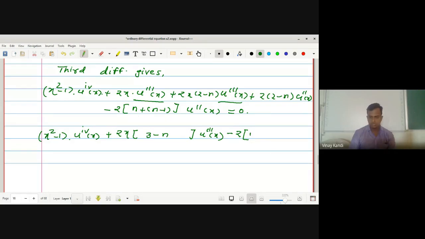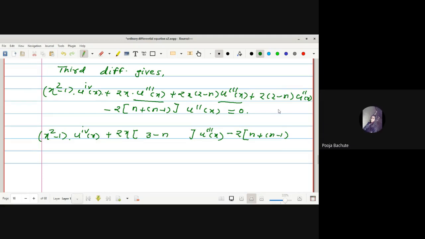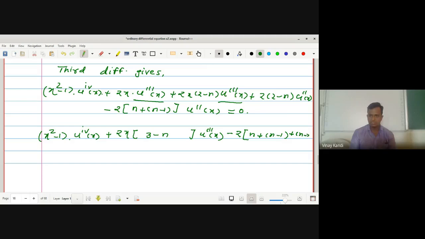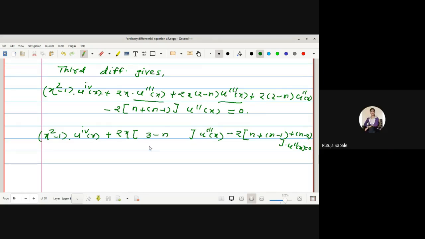Minus n plus n minus 1, okay, is it correct? n minus 2, n minus 2, plus n minus 2, whole bracket u double dash of x, okay, is equal to 0. Is it correct? Yes, sir.